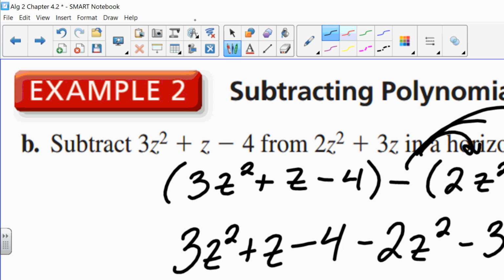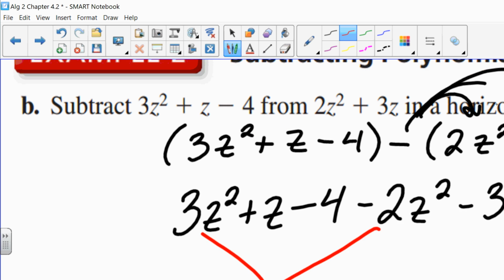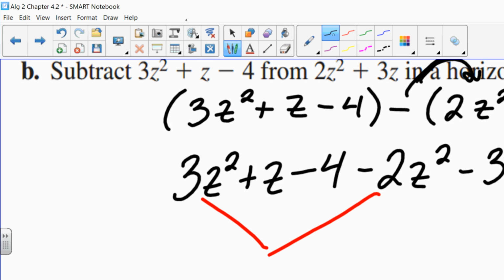Now, we just need to combine our like terms. 3z squared minus 2z squared is going to be, well, z squared. z minus 3z is negative 2z.